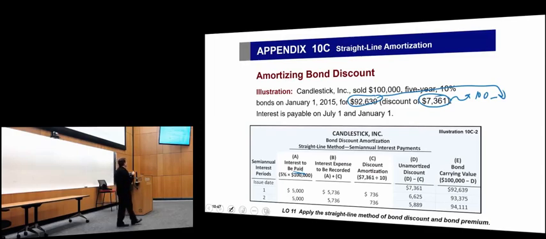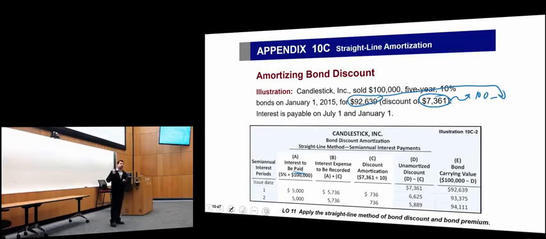So the discount amortization per payment is 736. You add that to the 5,000, which is the actual payment. The interest expense that the company will record with every interest payment will be 5,736. That's the amount that the company will report.